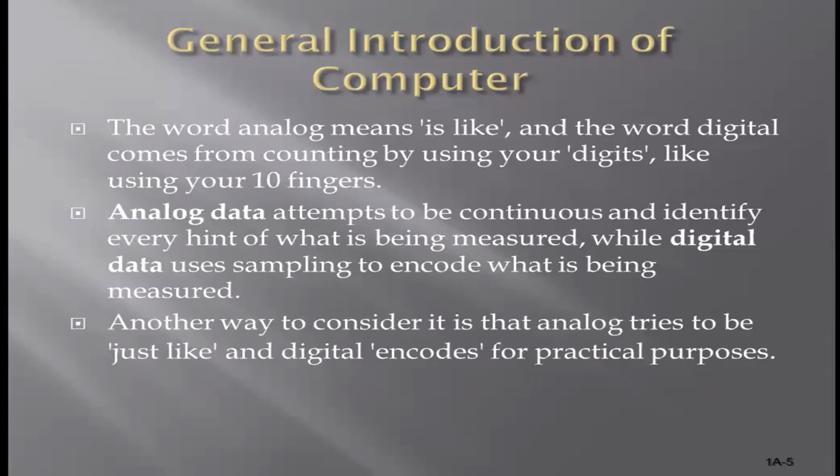We say that temperature is an analog quantity. Another way to consider it is that analog tries to be "like" the thing measured, while digital encodes for a particular purpose. Later we will see where we can use digital data and where we can use analog data. Each has its own uses, its own devices, and its own situations where we can use it.